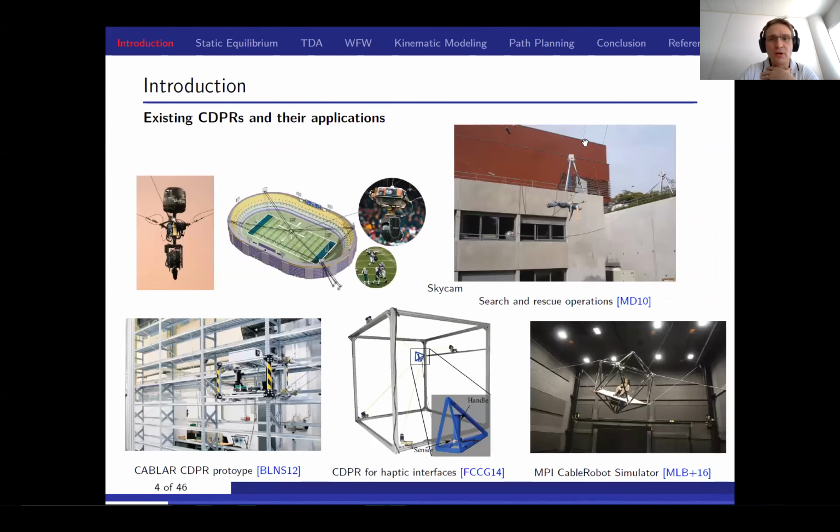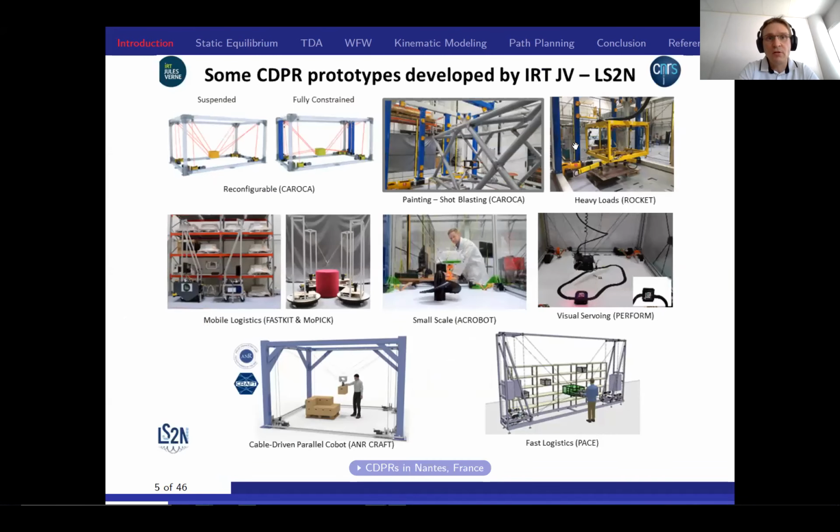So here are some pictures of existing CDPRs that most of you know quite well. Let me give you a focus on some CDPRs for those who are not aware of our work in Nantes. We developed them both at IRT Jules Verne, which is a technological research institute located in Nantes, and LS2N, where I work, the Laboratoire des Sciences du Numérique de Nantes.